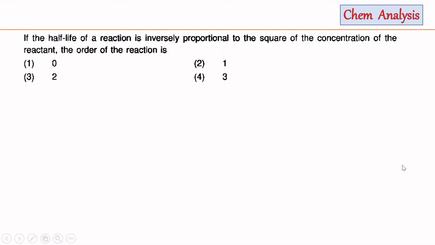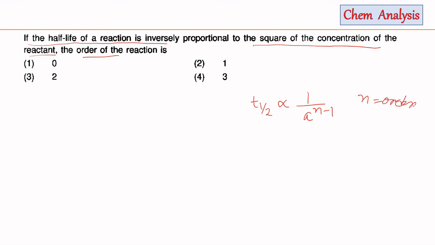This question was asked from chemical kinetics. It is given that the half-life of a reaction is inversely proportional to the square of the concentration of the reactant, and we have to tell the order of the reaction. We know the relation between t half and concentration of reactant is t half proportional to 1 by A to the power n minus 1, where n is the order of the reaction.